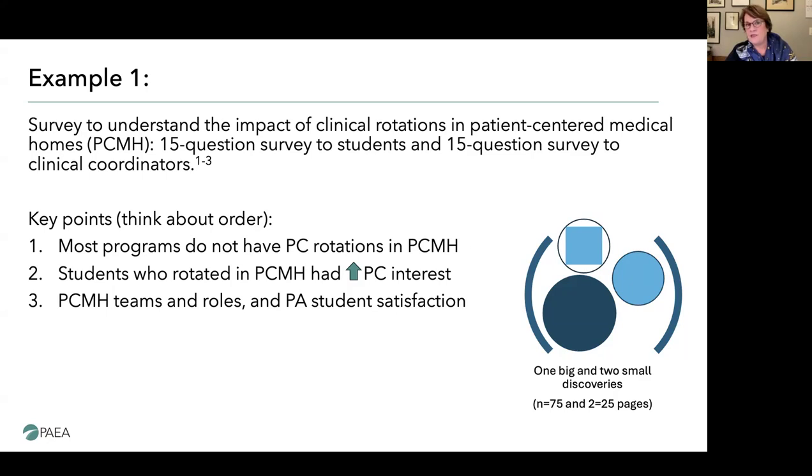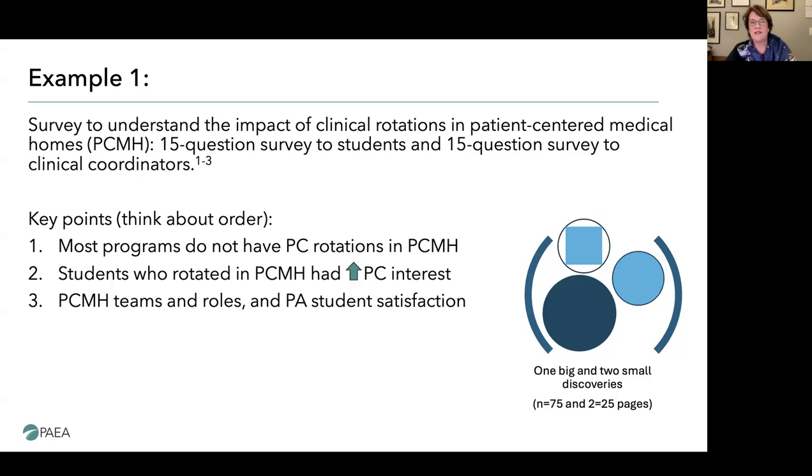While they were both 15 questions each, they were not the same questions, but we sent them out at the same time. And we got the results back at the same time. So it allowed us to say, what are the key points of these two surveys that have some similarities, some differences across the two groups between the students and the clinical coordinators.